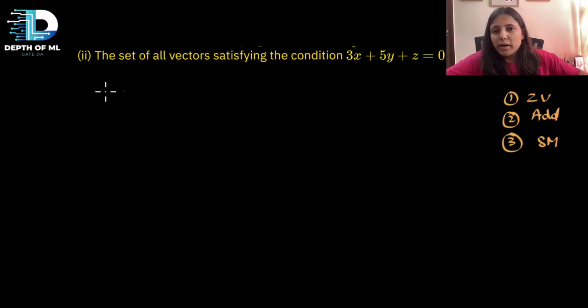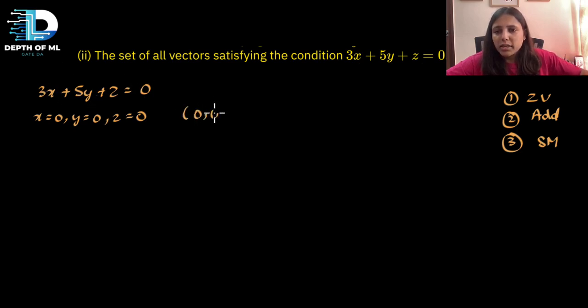Here you have all the vectors of the form 3x plus 5y plus z is equal to 0. Now if I take x equals 0, y equals 0 and z equals 0, this will satisfy this equation, 0, 0, 0, right? So this means that 0, 0, 0 actually belongs to B. So this is satisfied.